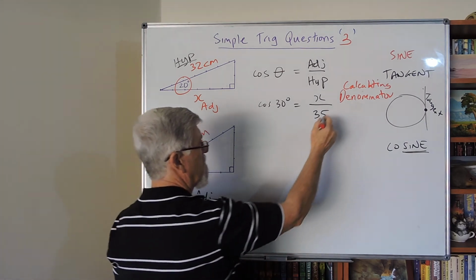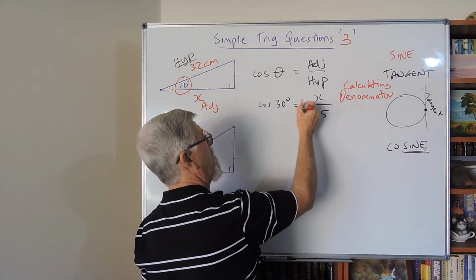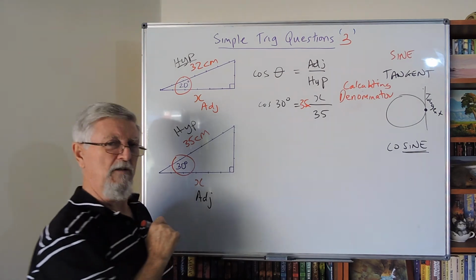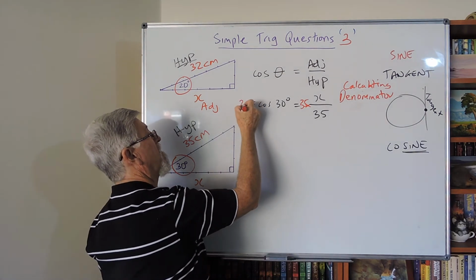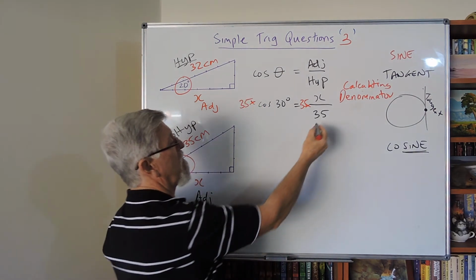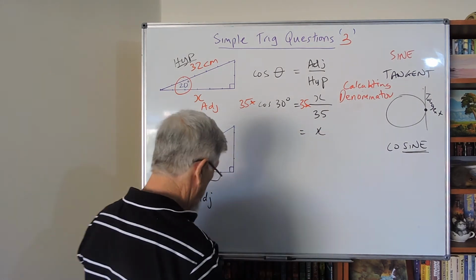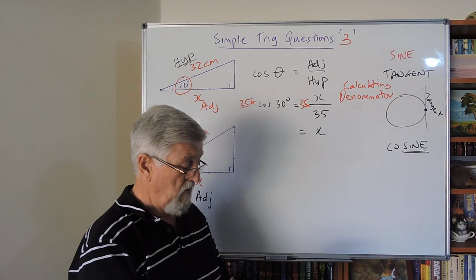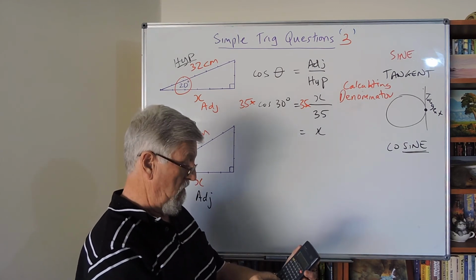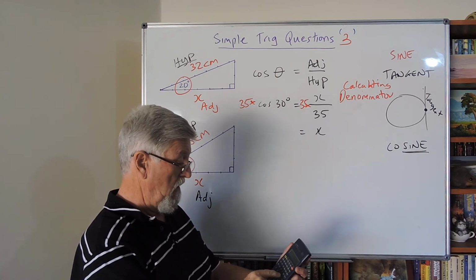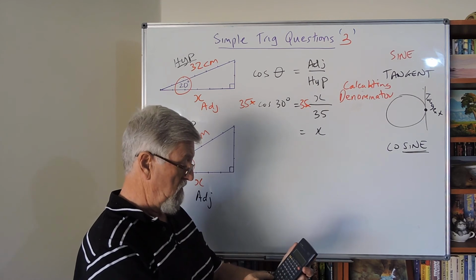So if I times this side of the equation, I could write it here by the way, it wouldn't matter if I write it there or at the back, if they're going to be squished. I write it at the front, and then the 35 goes in the 35 once, so that's going to be x. Pick up my calculator, of course make sure it's set on degrees, and I've got 35 times by the cos of 30 degrees.